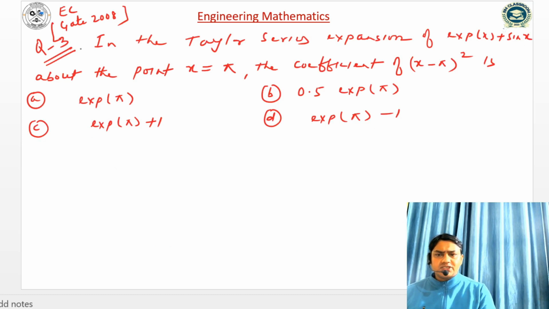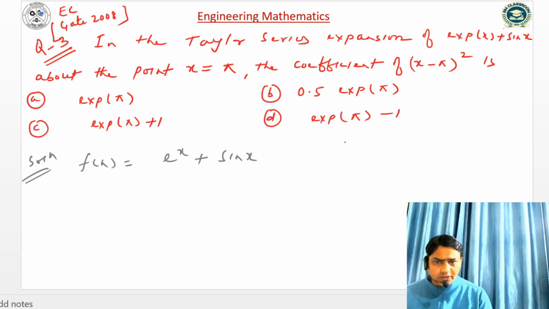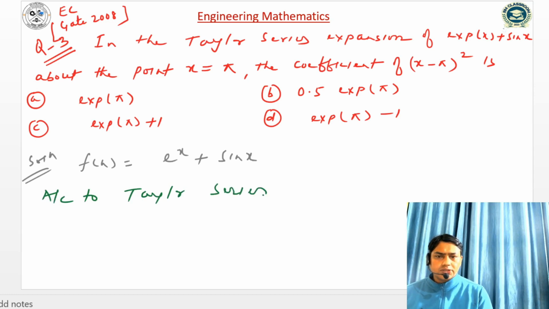Another question that was asked in GATE 2008. In the Taylor series expansion of f(x) equal to e to the power x plus sine x about the point x is equal to pi, the coefficient of (x minus pi) whole square. So once again we have to apply the Taylor series. So according to Taylor series, f(x) at x is equal to pi.